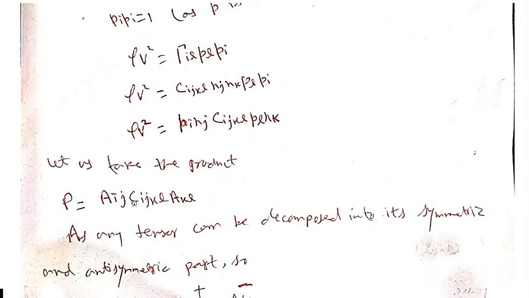Now let us take P equals this. Any tensor Aij, Cijkl, Akl. This is a product of three quantities. This is fourth order, this is second, and this is second.